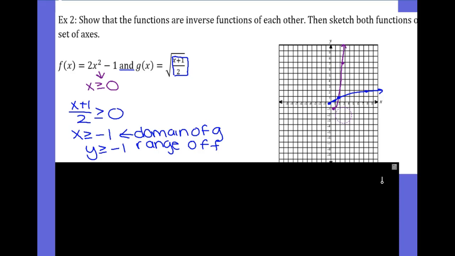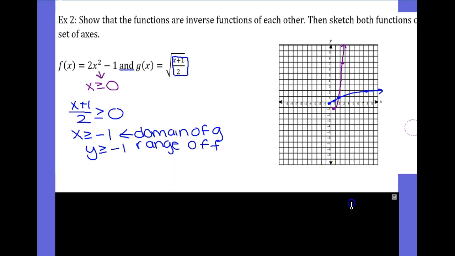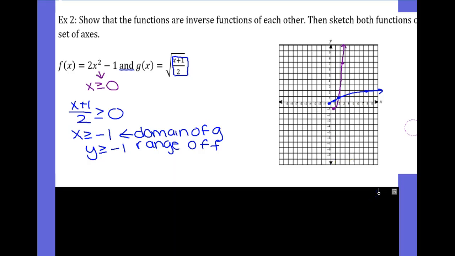If you look at that purple graph, that purple graph's range is the domain of g. So the range of f, which is purple, is the domain of g. Inverses are symmetric about the line y equals x.